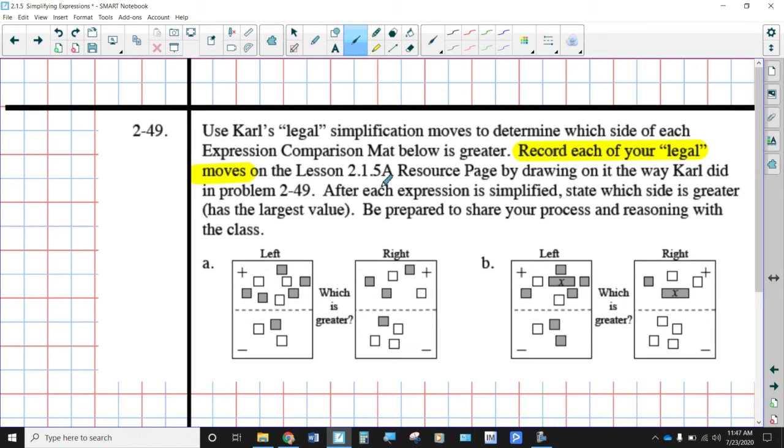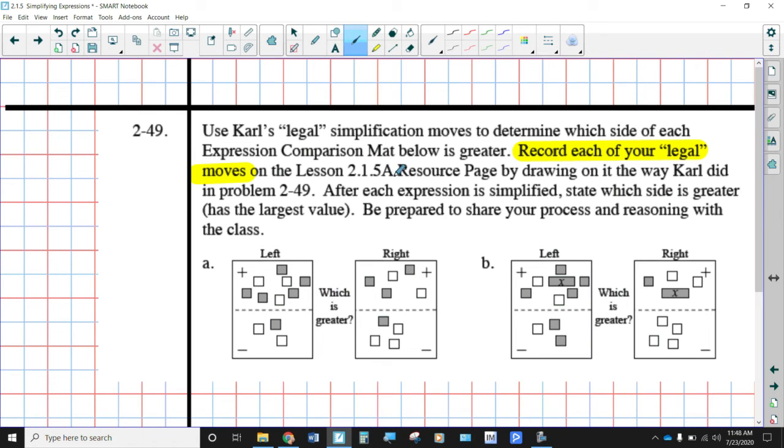Some of you I know maybe don't have a working printer, so in that situation, you just have to draw these out. Just pause the video and take the time to draw them out. It's not going to take you too much time. It might even take longer to find that resource page and print it than it would to just draw them out. So whatever works for you. But I'll be sure to include this resource page on Classroom for you, and you would have already seen it because you're already watching the video.